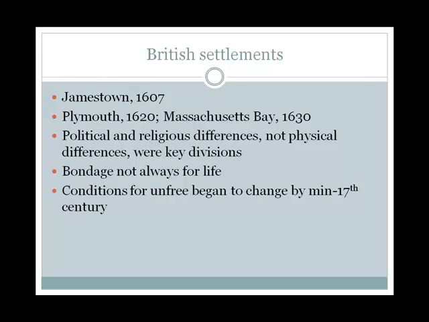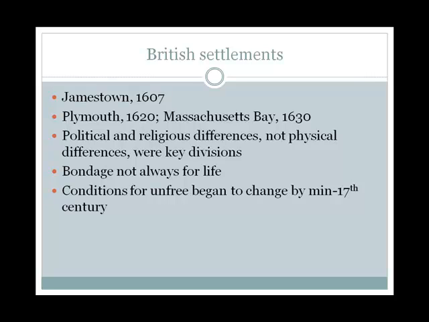But the conditions for the unfree populations began to change by the mid-17th century. By the middle of the 1600s, you start to see this transformation in the laws, so that you will begin to see the emergence of a status of permanent bound labor.